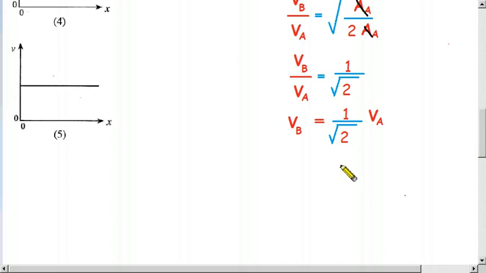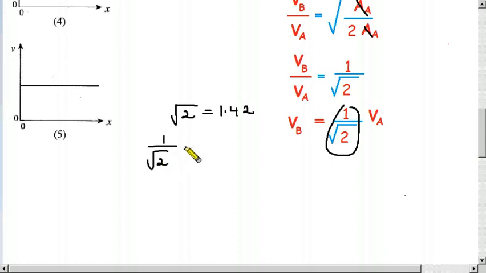To get the final relationship, you have to simplify this. What is the value of 1 over root 2? If it is just root 2, the value is 1.42. If it is 1 over root 2, the value is 0.7071. You have to keep these things in your mind. Let us take only 0.7.